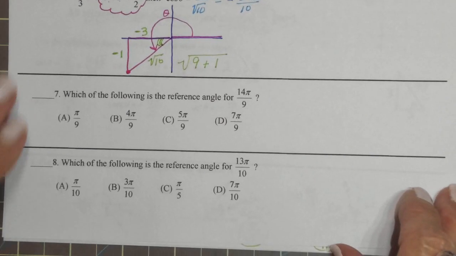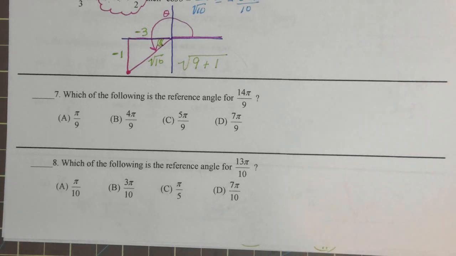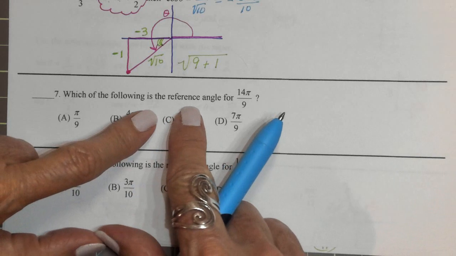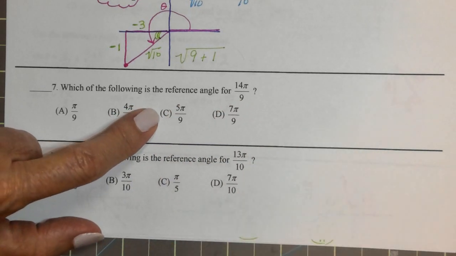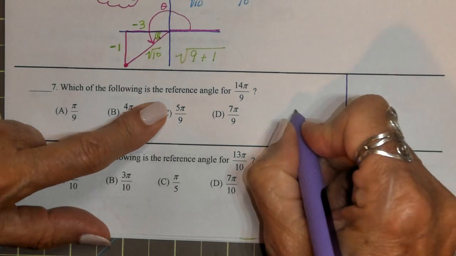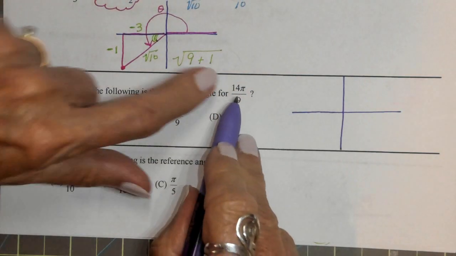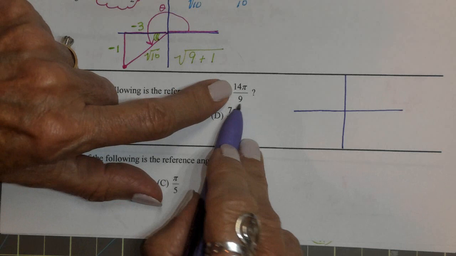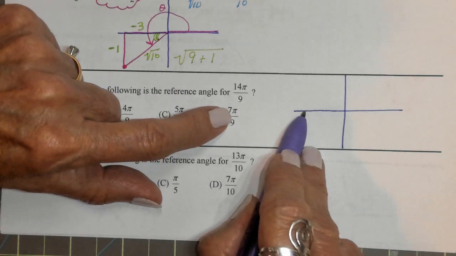Okay, before I leave you, a couple more little reference angle questions. Which of the following is the reference angle for 14 pi over 9? Well, which quadrant is 14 pi over 9 in? 14 is bigger than 9, so I know it goes past pi.